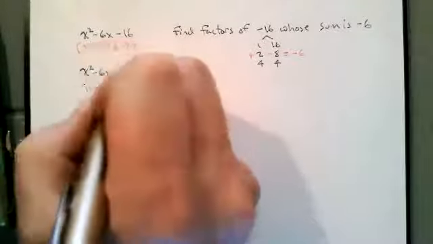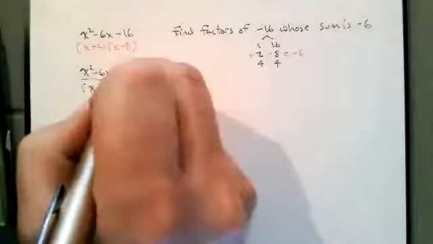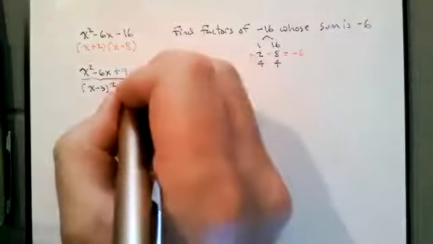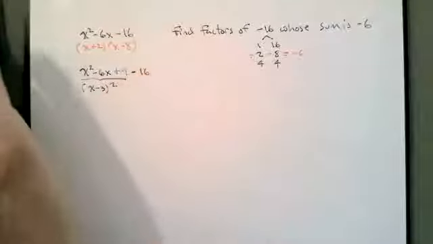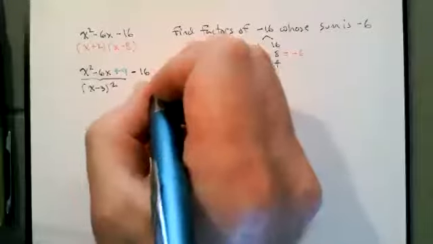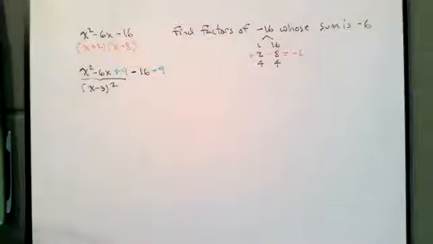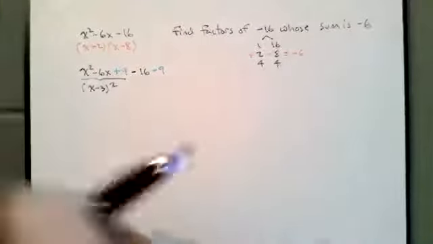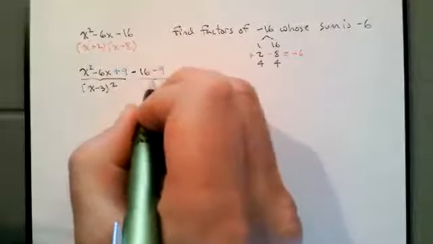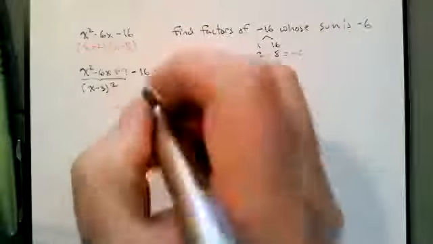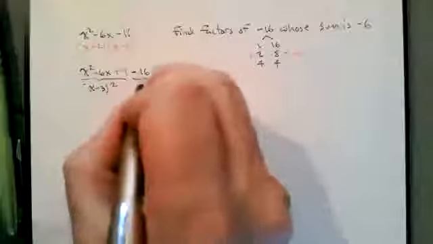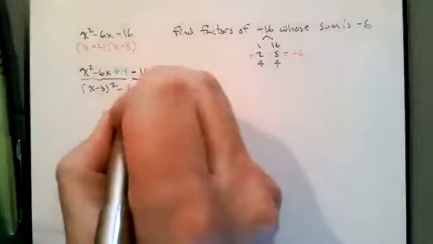So x squared minus 6x plus 9 factors to x minus 3 squared. But it didn't say plus 9, it said minus 16, and I can't just add 9 to a polynomial to make things work out. I'd have to subtract 9 to balance things out. So I could rewrite this polynomial as x minus 3 squared minus 25, since 16 plus 9 is 25.